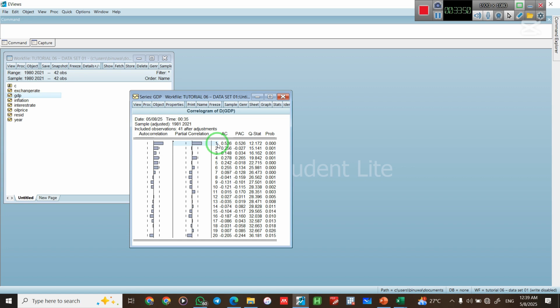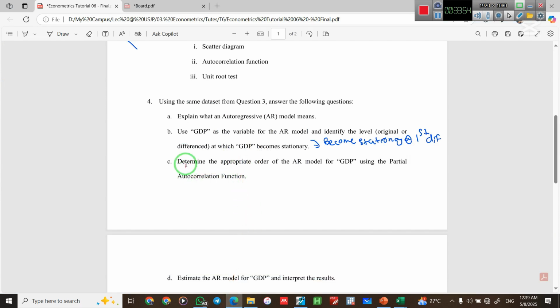Right? So now we are moving to our tutorial. In part C, it is asked to determine the appropriate order for the AR model using the partial autocorrelation function. Using the partial autocorrelation function, now we know that the appropriate order of the AR model is AR model 1, right?